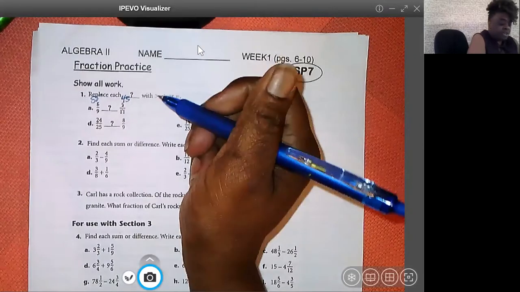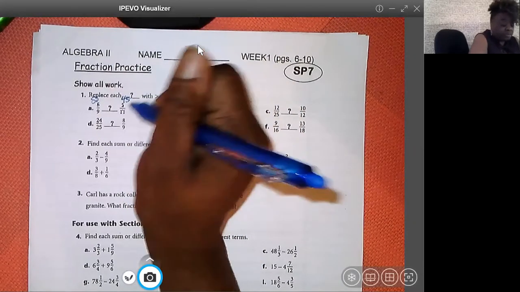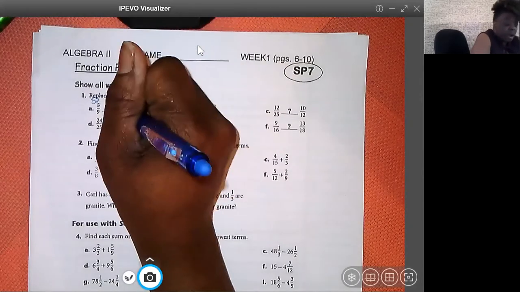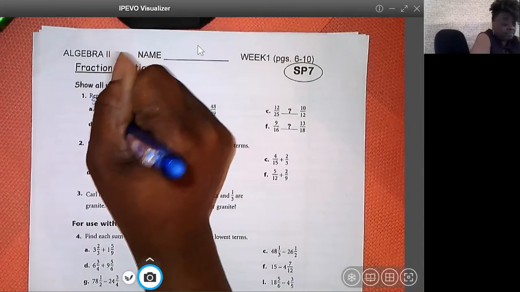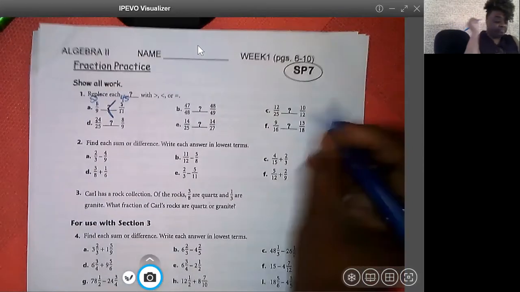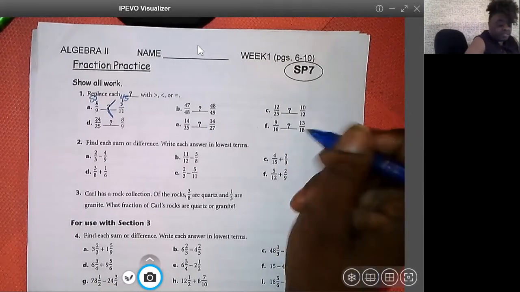Then you compare those two numbers, and 5/9 is larger than 5/11, so you will take the less than sign. Let's do F as well, so you have two examples to work from.